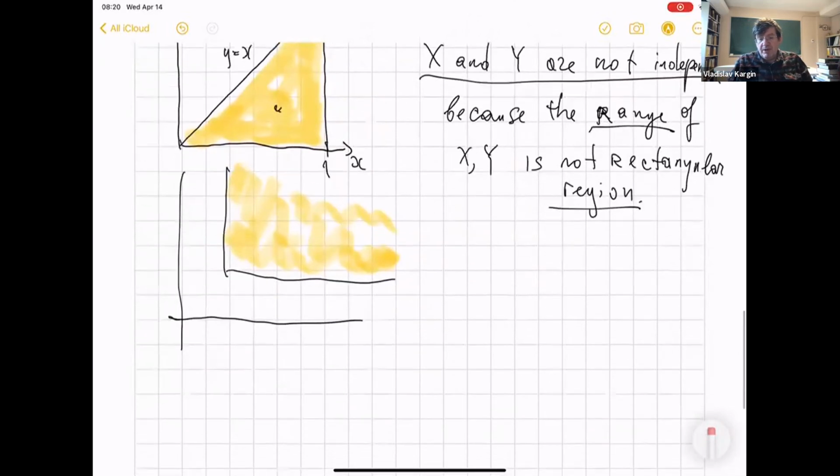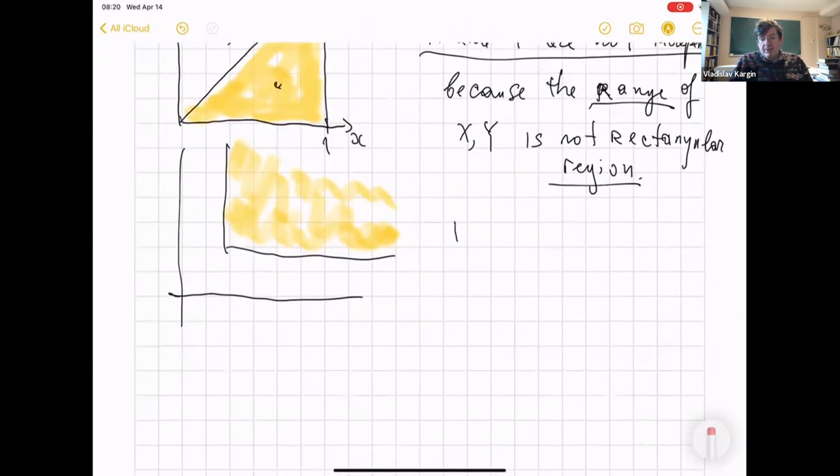Yeah, so here's an example. I will not go rigorously about it, but to say, so here's an example. You look at the function f of xy, it is equal to say 4xy.